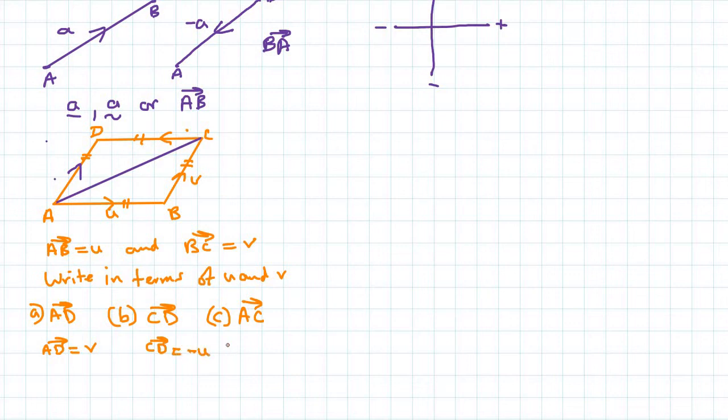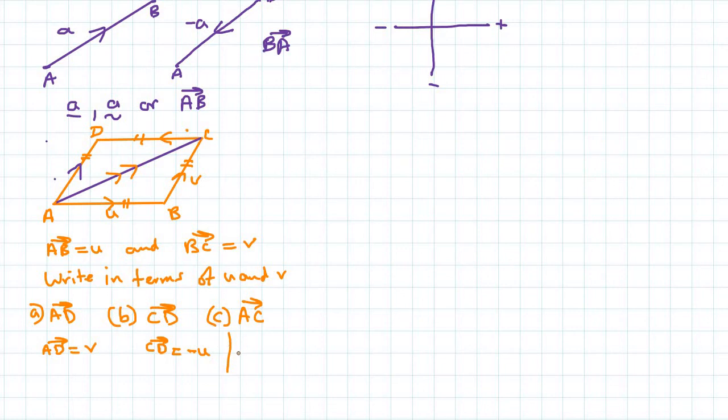Alright. And for the last one, we have C. We have the resultant. Now this is going from A to C, so the resultant is usually denoted by a double arrow. Alright. And in this case, we're going to add the two vectors to get what this is.